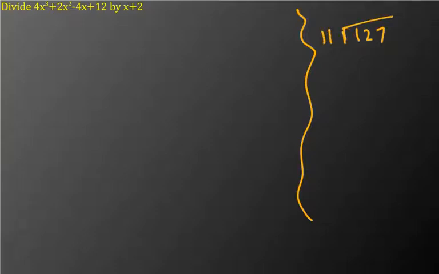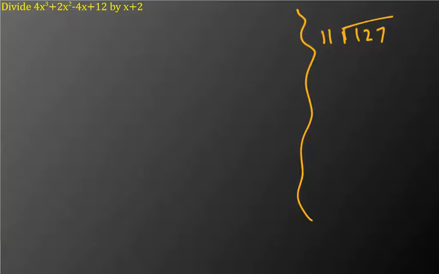So I thought it'd be good to start off and just do a long division problem. Just to remind you, because you probably haven't seen this in a long time. Let's say we have 127 divided by 11. When we do this long division, the weird thing is we look to the left of the number first.